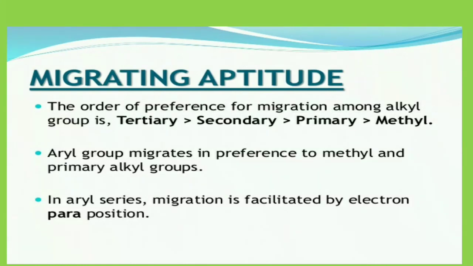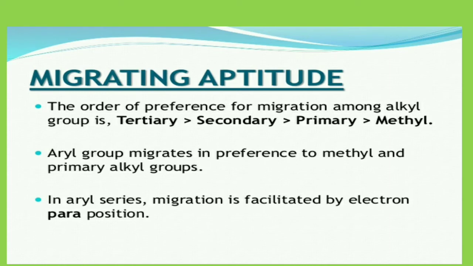Now let us learn the migrating aptitude. What is the order of preference for migration among alkyl groups? First of all, the tertiary. An electron donating group has a higher migratory aptitude than an electron withdrawing group.